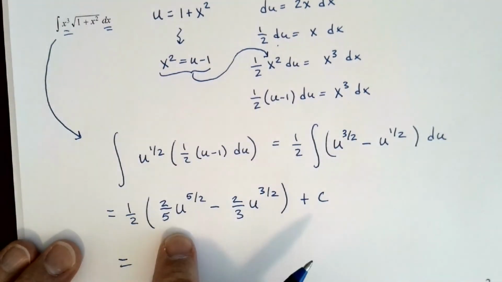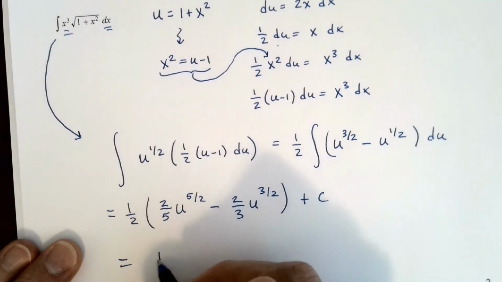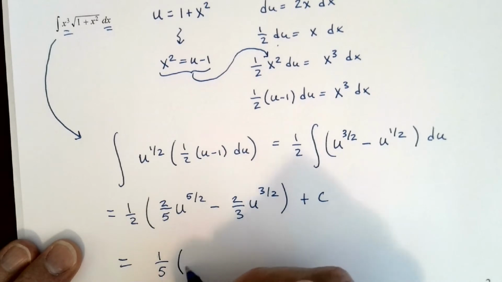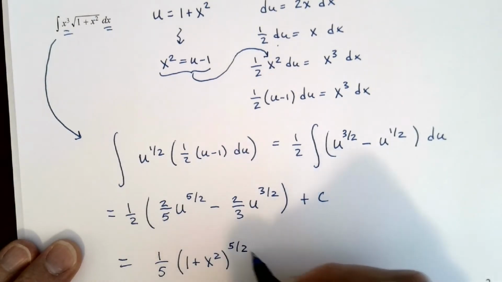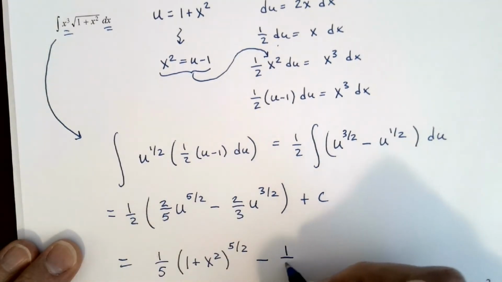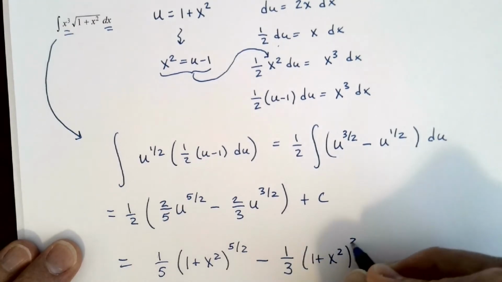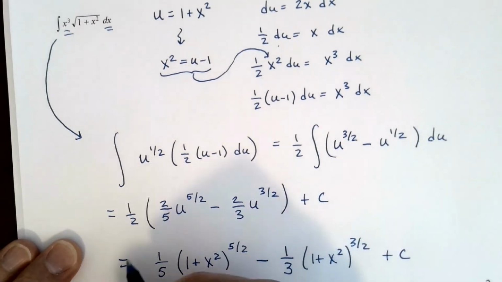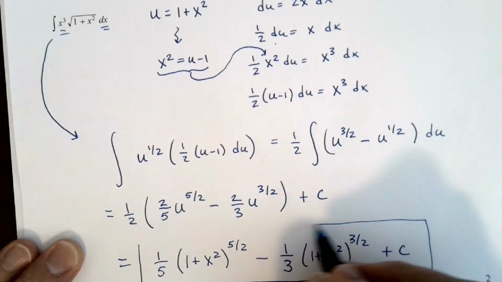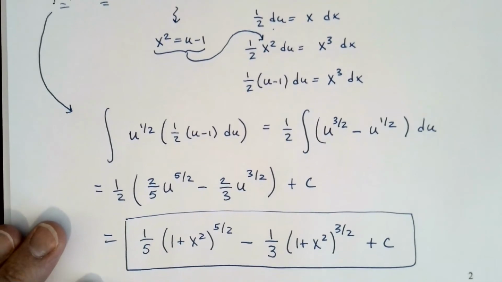Distributing the 1/2 through and going back to my original variable: 1/2 times 2/5 is 1/5. One half times 2/3 is 1/3. And there's my result down there.